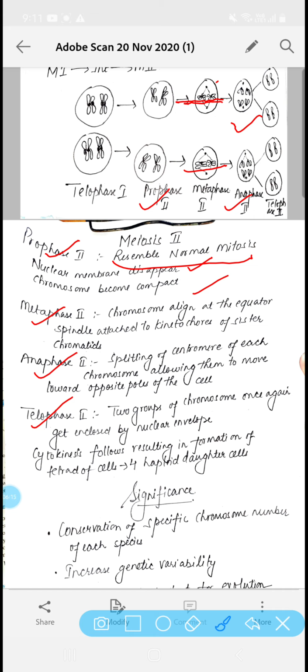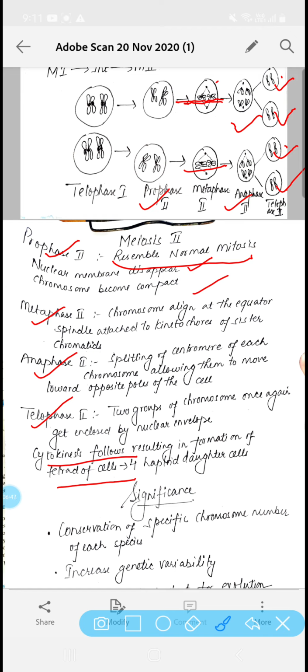Then comes telophase. Two groups of chromosomes once again get enclosed by the nuclear envelope, and this stage is called telophase 2. After telophase, cytokinesis follows, which results in the formation of 4 cells, and all 4 of them are haploid daughter cells.